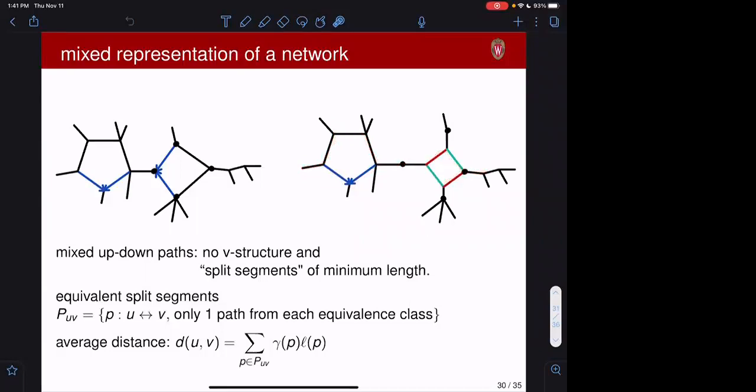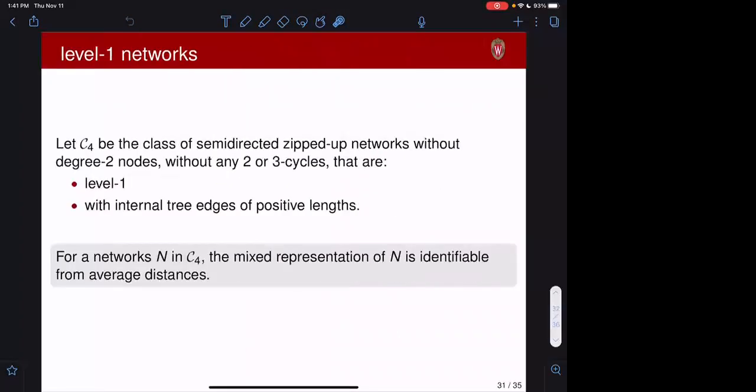And these two paths would be considered equivalent. And then we're going to consider only one path from each equivalence class. And then what we showed is, with this definition of distance, the mixed representation has exactly the same average distances as the original network.